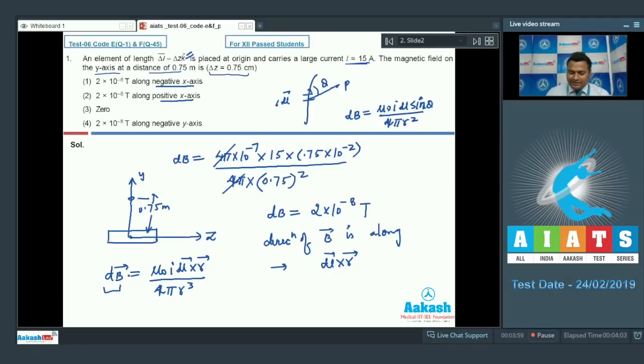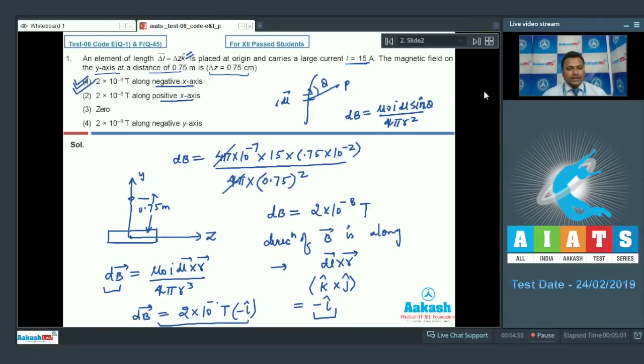So the direction of magnetic field will be along IDL cross r. So dl vector is k cap, r vector is j cap. So we know that k cross j will be given by minus i cap. So the net magnetic field dB in vector form can be written as 2 into 10 to the power minus 8 Tesla minus i cap, that is towards negative x-axis. So after looking at the answer, we will go with option number 1.